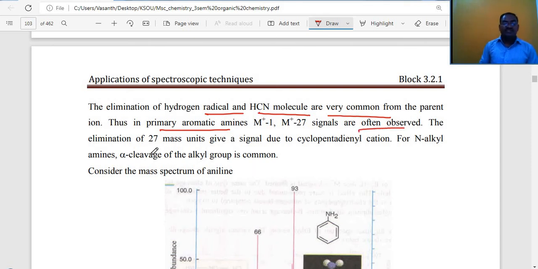The elimination of 27 mass units gives a signal due to the cyclopentadienyl cation. For N-alkyl amines, alpha cleavage of the alkyl group is common.